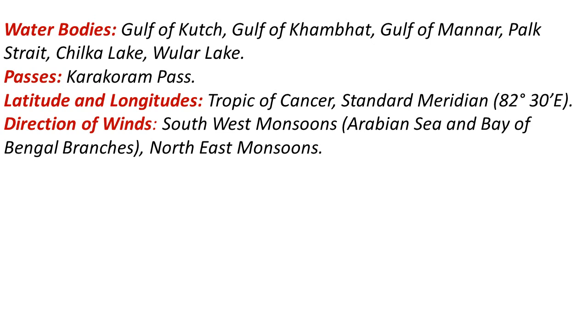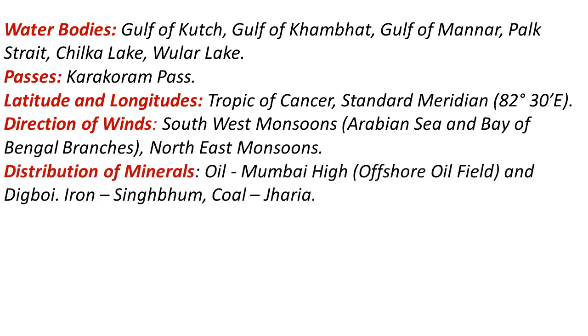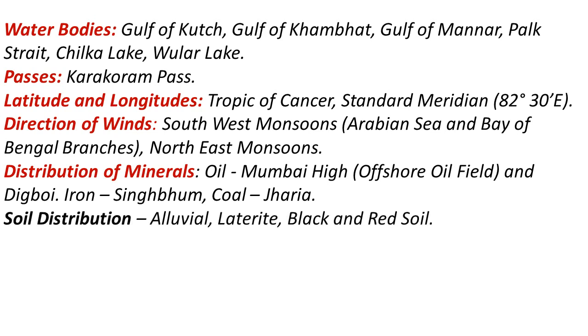Direction of winds: southwest monsoon, Arabian Sea and Bay of Bengal branches, northeast monsoons. Distribution of minerals: oil, Mumbai High, offshore oil field and Digboi, onshore oil field, iron, Singhbhum, coal, Jharia.